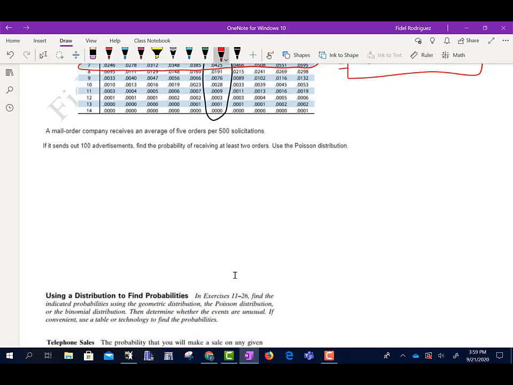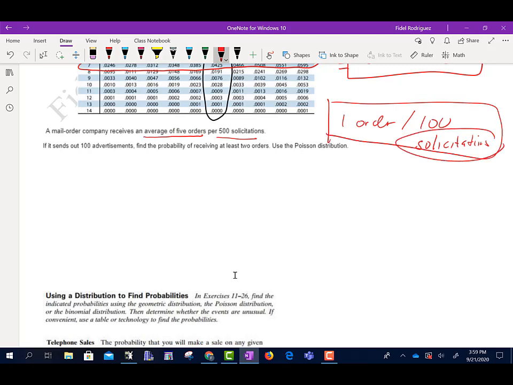Okay, so if we have an average of 5 orders per 500 solicitations, wouldn't that mean that we get 1 order per 100 solicitations, right? Guys, solicitations is just another word for advertisement, okay? So in this case, I know my mu is going to be equal to 1, okay? And we're going to use our Poisson distribution. We want to get the probability of having at least 2.